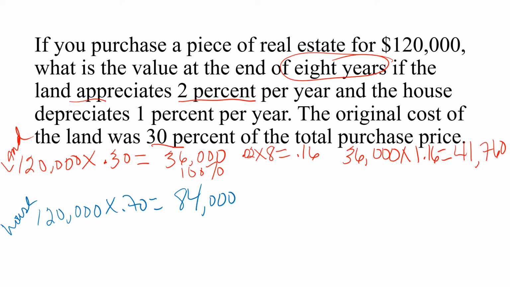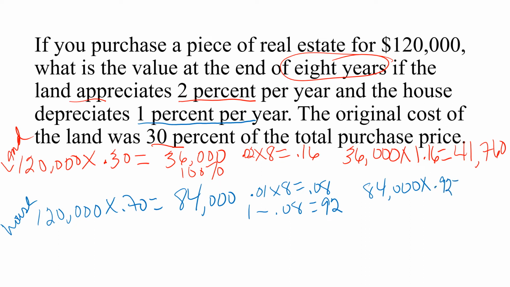Okay, then we've got 1% per year for 8 years. So 0.01 times 8 equals 0.08. And we can say 1 minus 0.08 equals 0.92. So 84,000 times 0.92 equals 77,280.